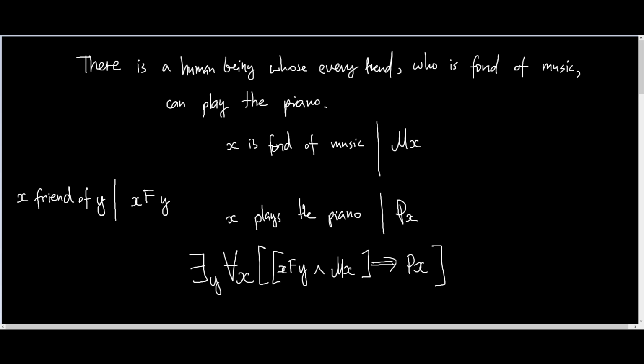And also how we could transition between talking about a fixed object like Tom, for which we will have a constant, to having a variable for it like y, and then expanding the sentence with some prior information about y. Like the statement we have now that says that there is such a human being y that has the property that every friend of y that likes music can play the piano.